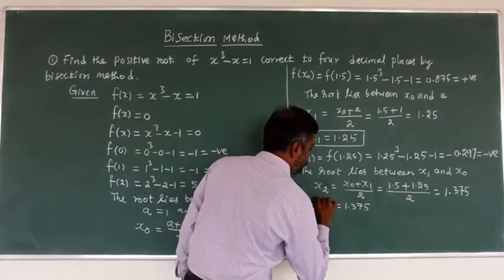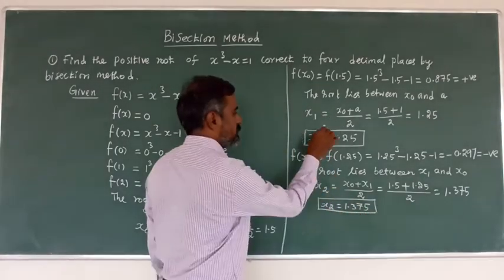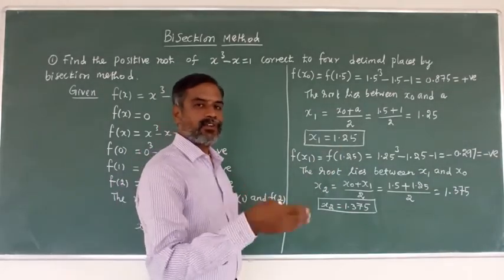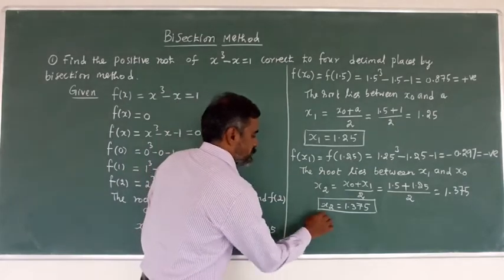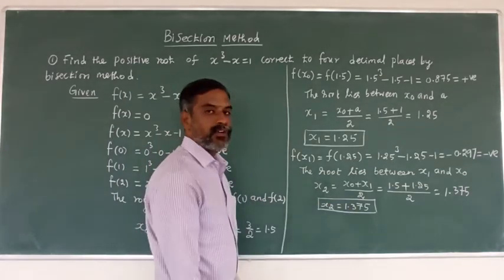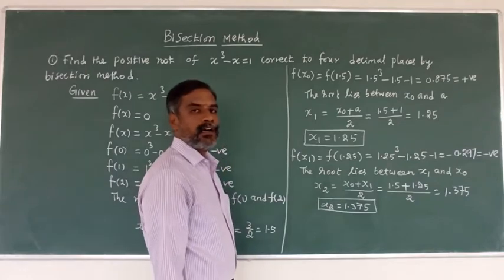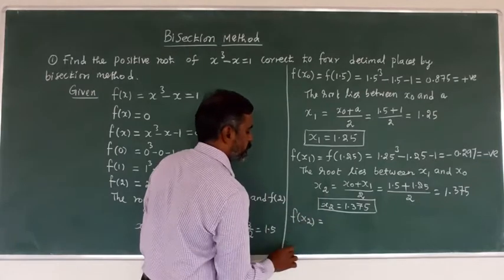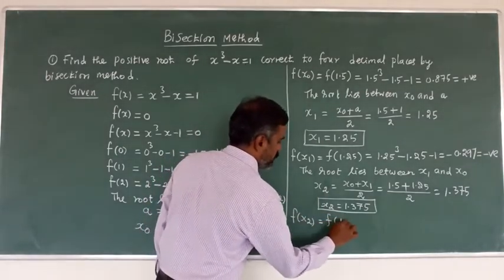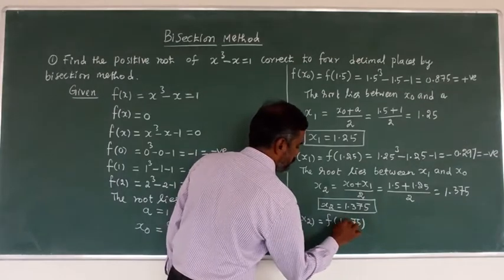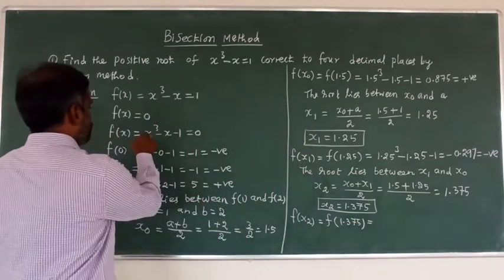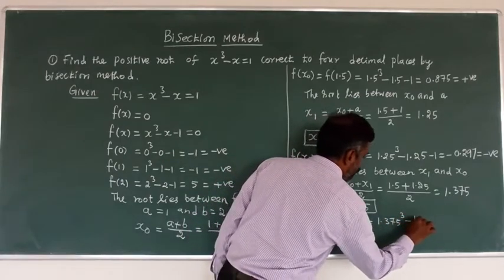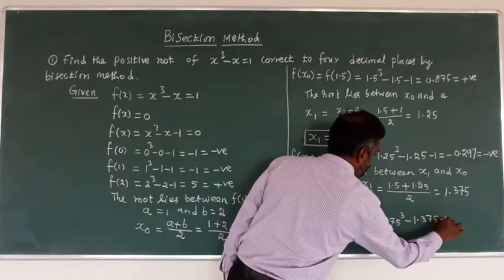Now comparing the x2 value with x1, the results are not the same. So we have to do another iteration. Now to check whether the x2 value is positive or negative, substitute the x2 value in f of x. F of x2, value 1.375: 1.375 cube minus 1.375 minus 1.